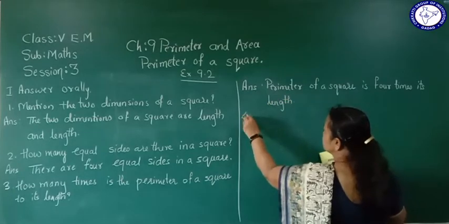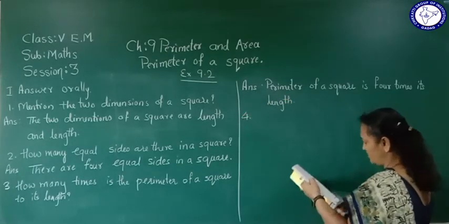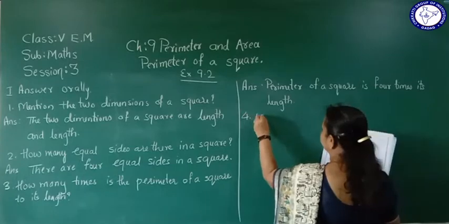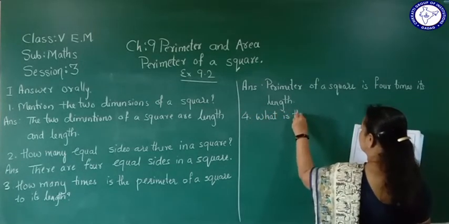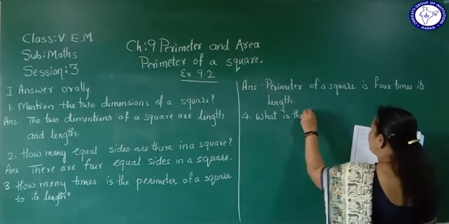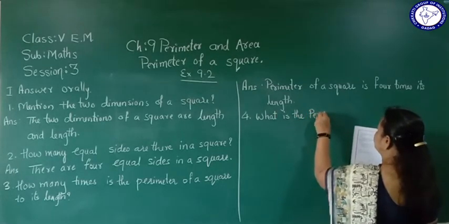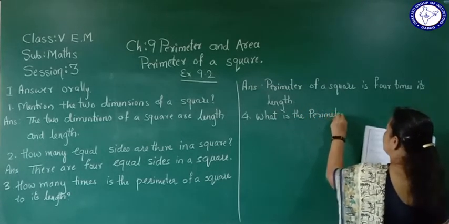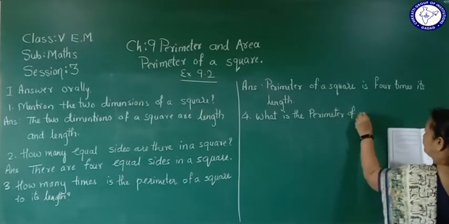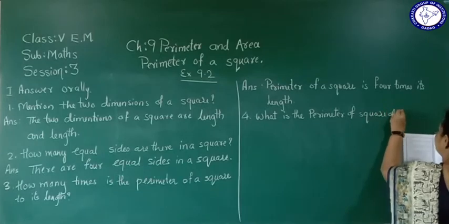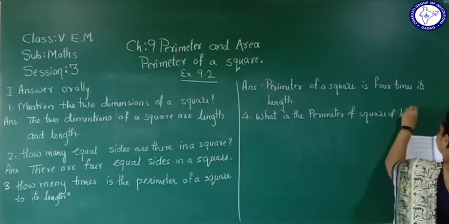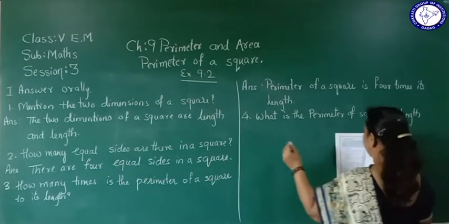Then the fourth question is, what is the perimeter of a square of length 5 centimeters?